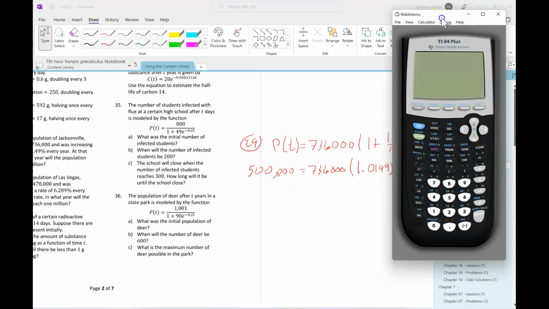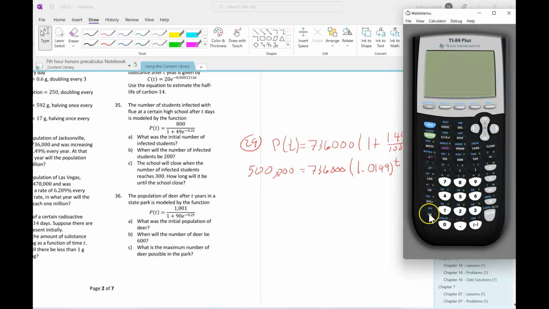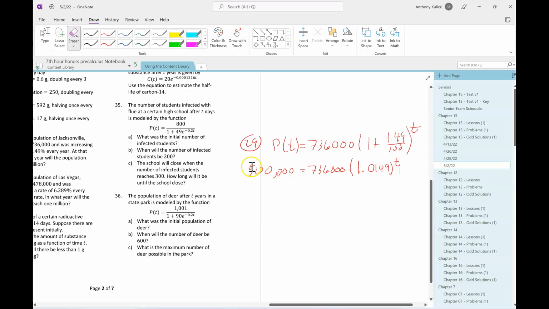At this point, we're doing these in our calculator. So I put on my y equals menu. That's too many zeros. There we go. 736,123. Why don't I write 500,000, Jacob?